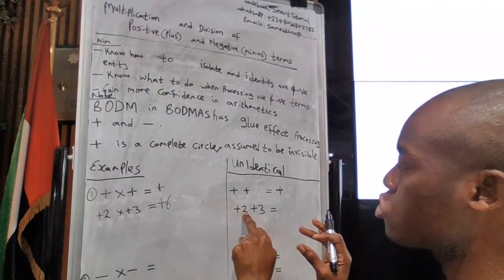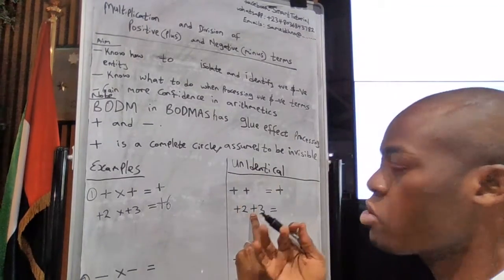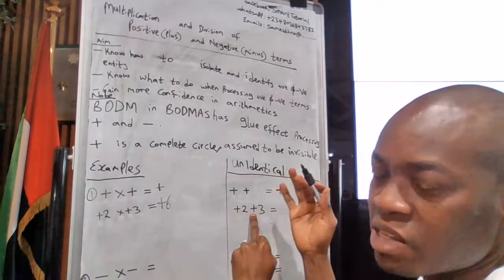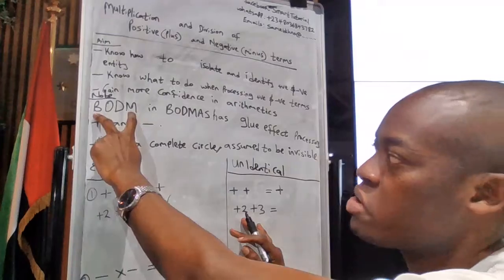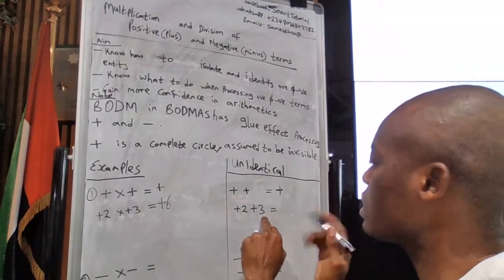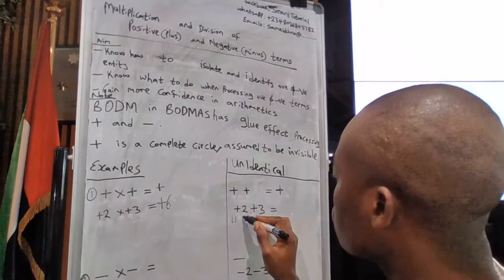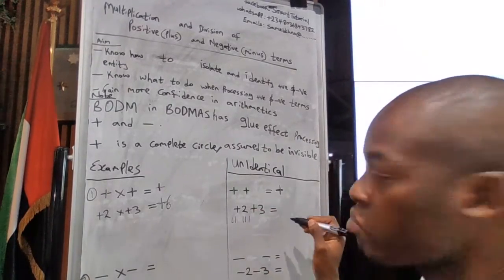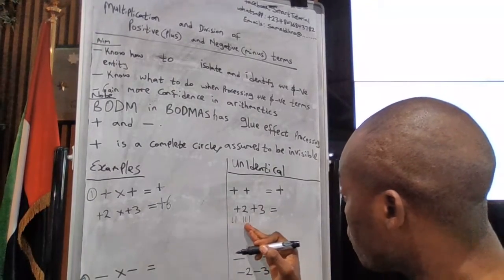There is no times, there is no division, there is no bracket. So you are not dealing with anything that has to do with the glue effect. Here they are simply telling you count 2, count 3. Count 2: 1, 2. Count 3: 1, 2, 3.